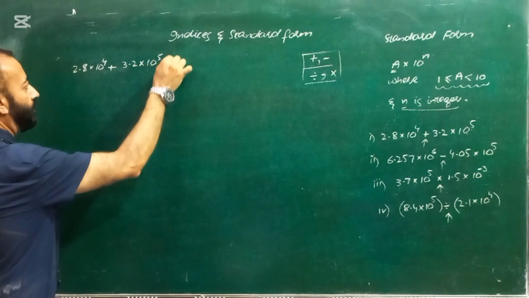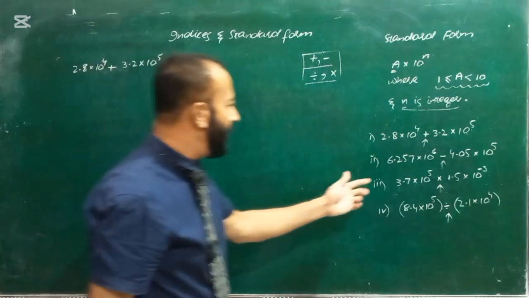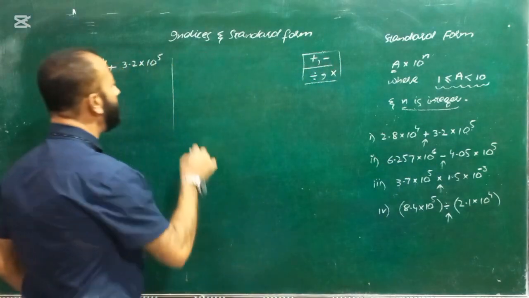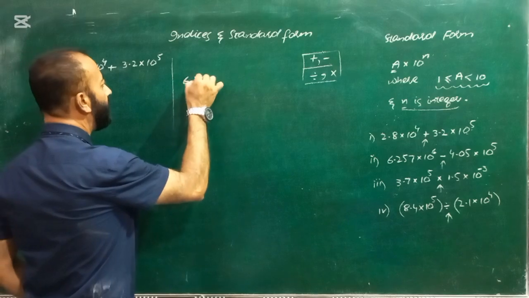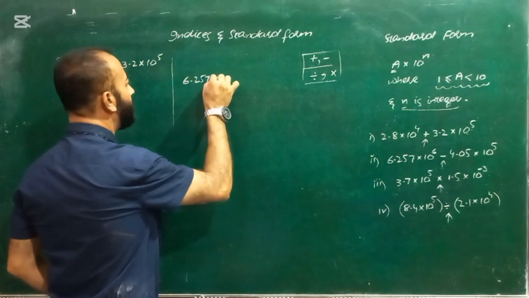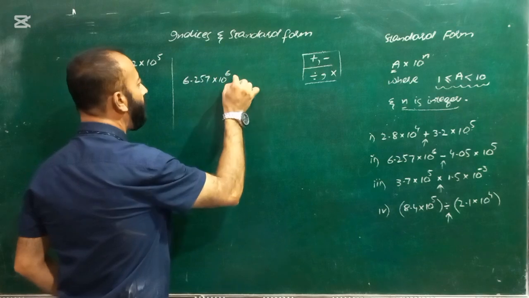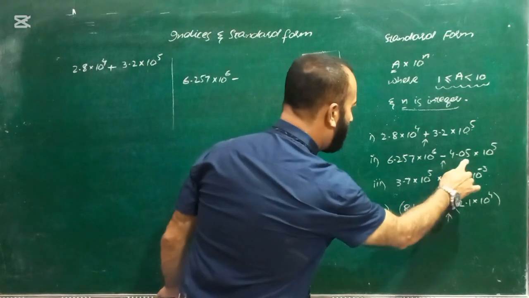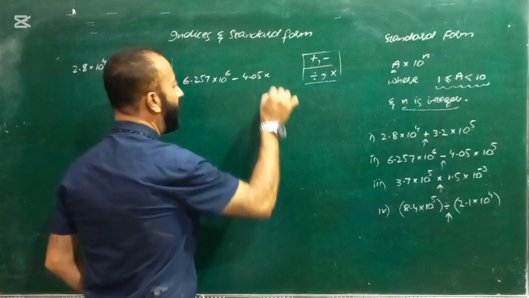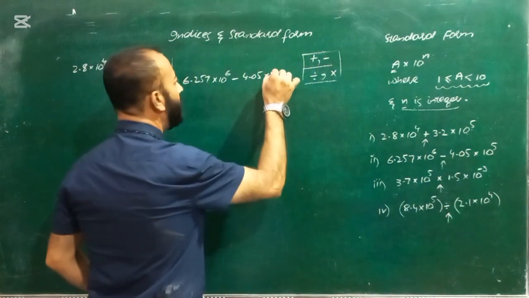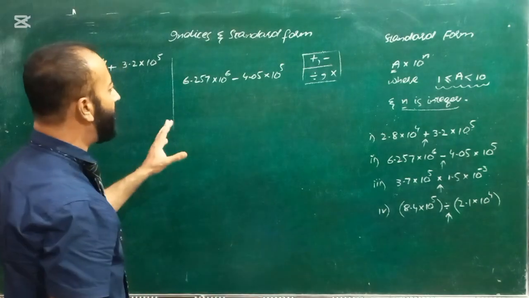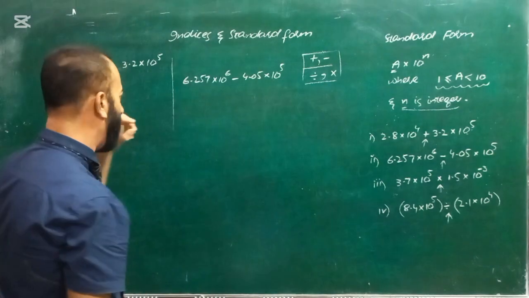Okay, I'll write the other question also, that is of minus. 6.257 multiplied by 10 raised to power 6 minus 4.05 into 10 raised to power 5. I have written these 2 questions at the same time because these will be solved by the same method.